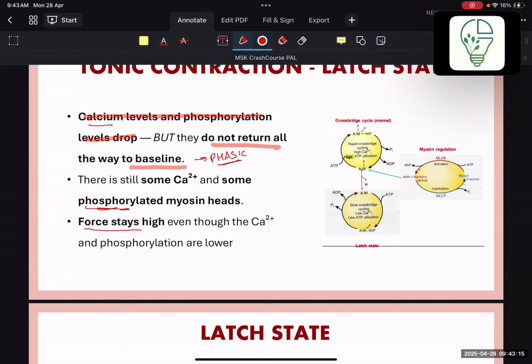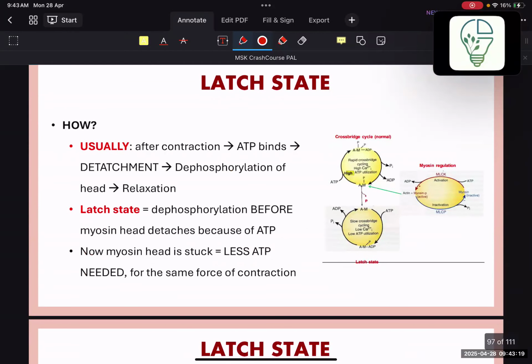Now, why does this happen? How on earth does your body just randomly do this? Of course, it's not random. Nothing is random in your body. What happens is that usually after you're done with contraction, you're supposed to have ATP binding, and then the ATP will release the myosin head from the actin, and this will cause detachment. And then from there, you're going to have MLCP dephosphorylating the head, leading to complete relaxation.